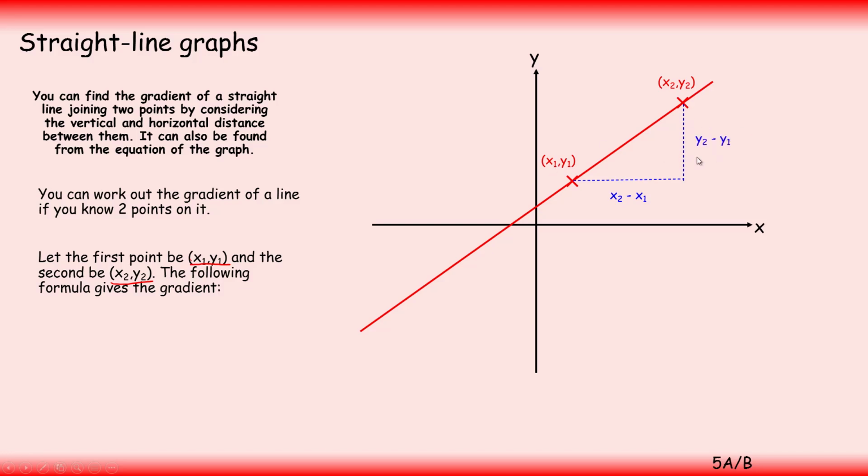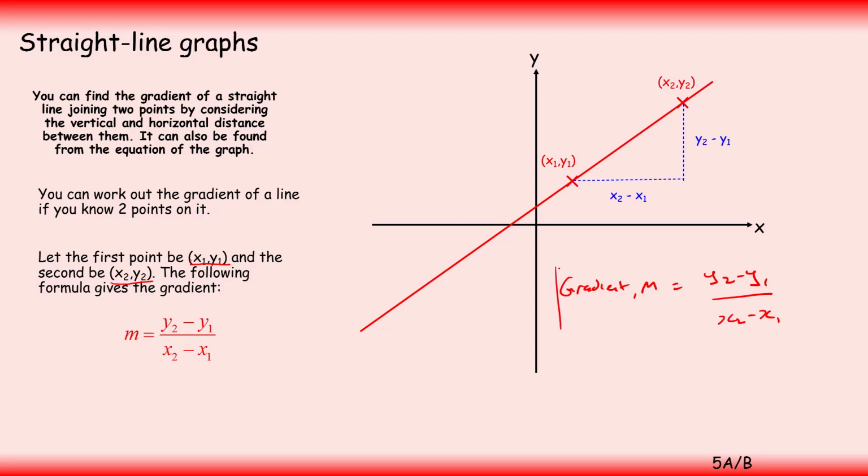And the rise over the run, or the gradient, is given by m, which is equal to y2 minus y1 divided by x2 minus x1. And that's the formula, or the general form we're going to use today. So our gradient, m, is given by y2 minus y1 divided by x2 minus x1.